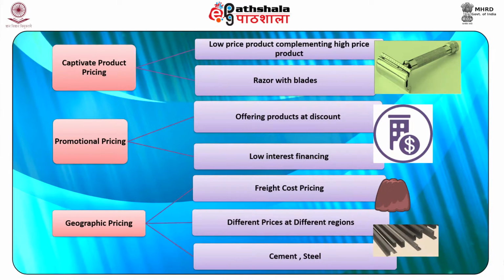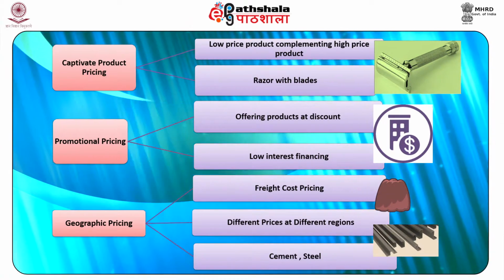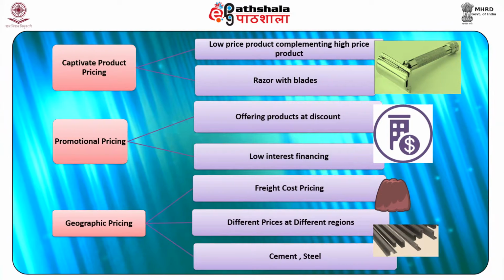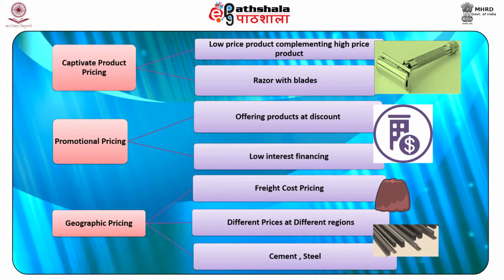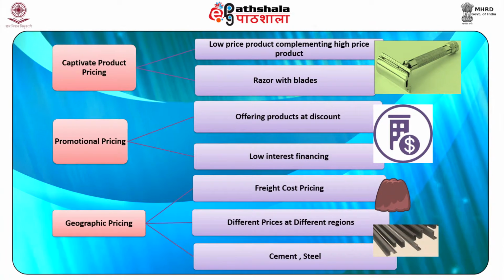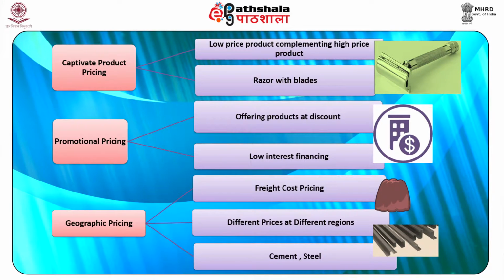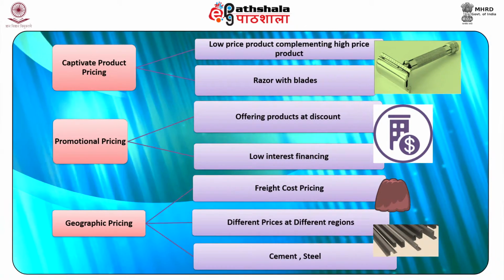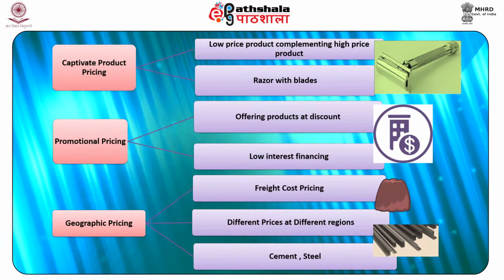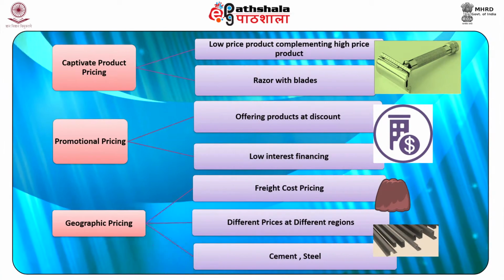The firm may charge the same price plus freight to all customers regardless of location. Freight charge is set at the average freight cost. Therefore, distant customers will be at an advantage.